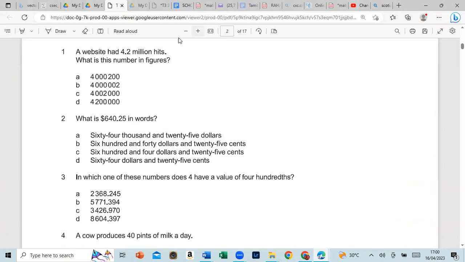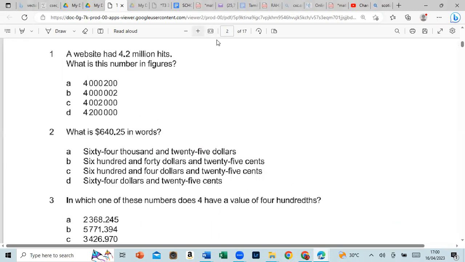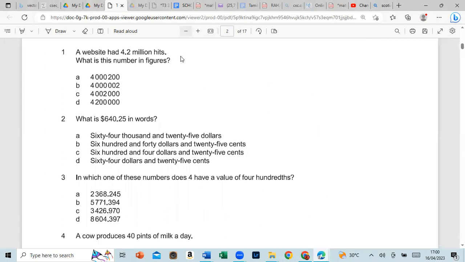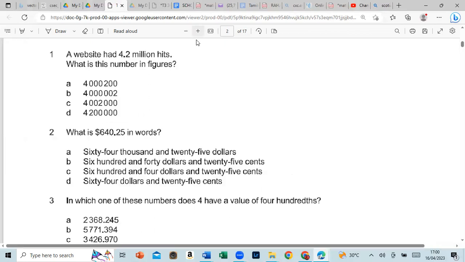Question 1. A website had 4.2 million hits. What is the number in figures? Which of these would be the answer?